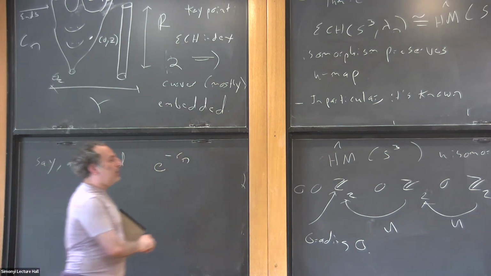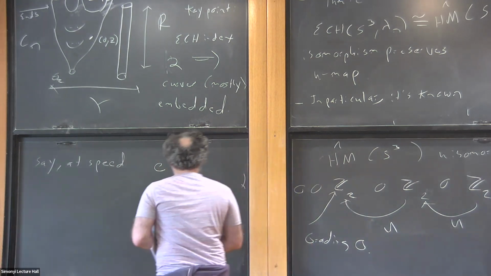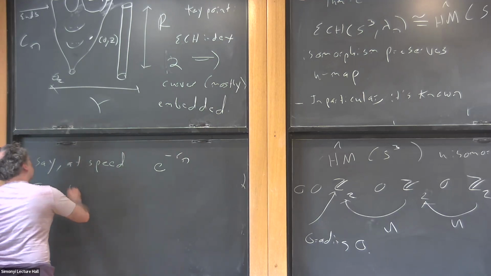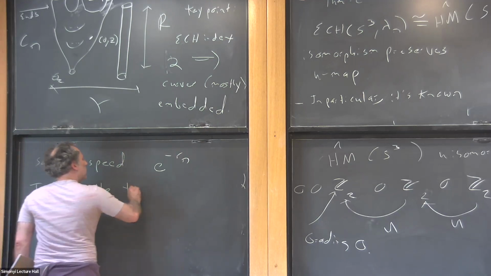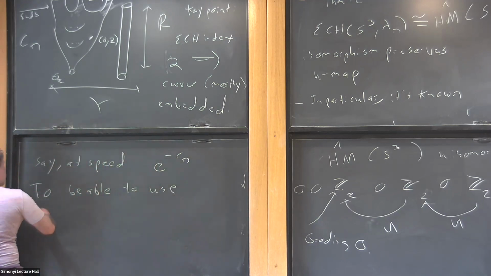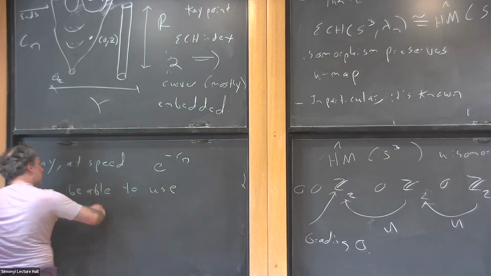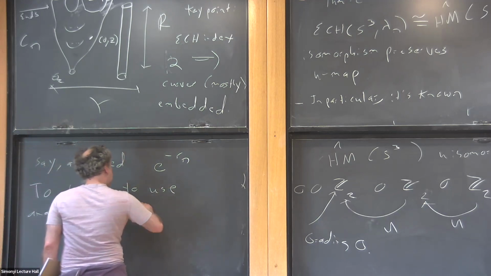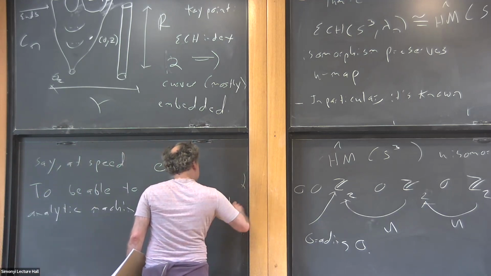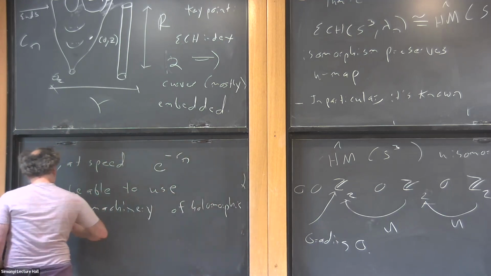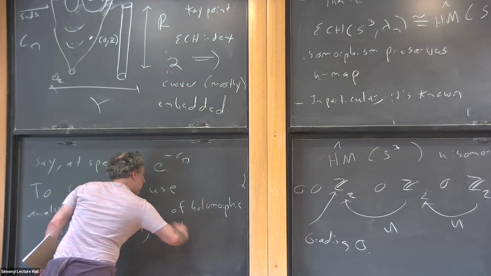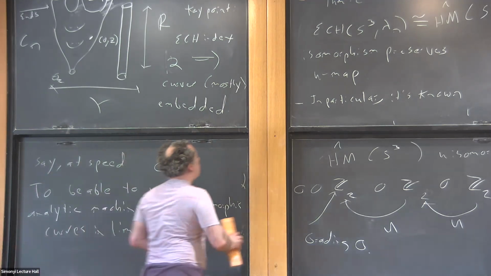Okay. So anyway, the challenge is, it turns out we want to be able to use the analytic machinery nicely of holomorphic curves in the limit. We want that this rate of convergence is not going to 0.